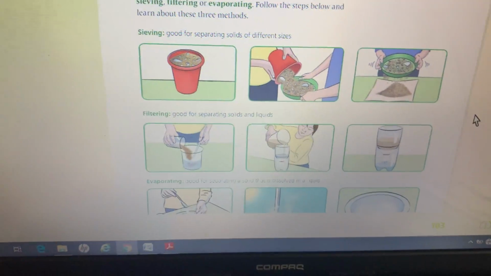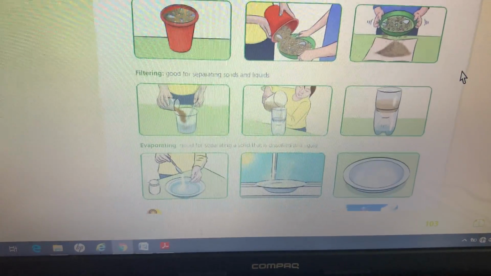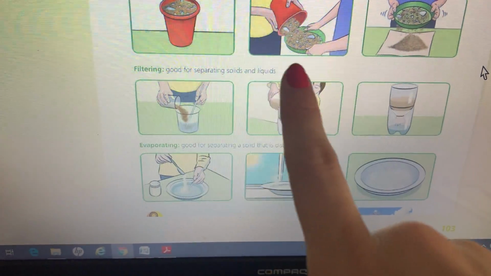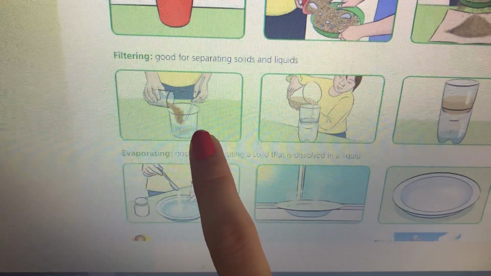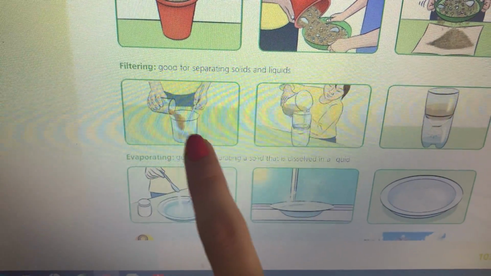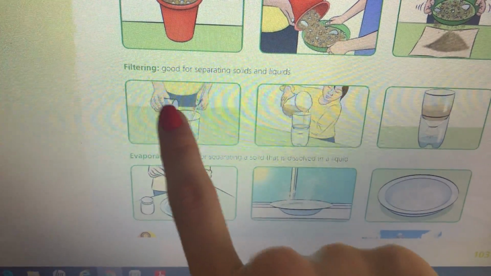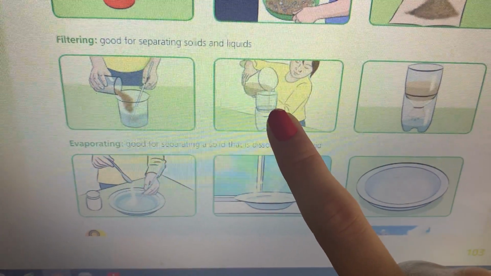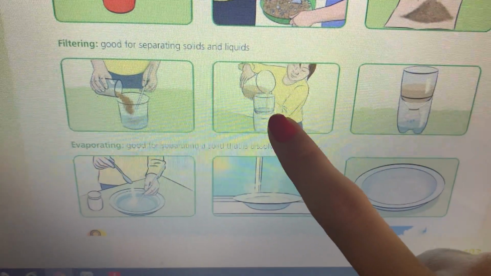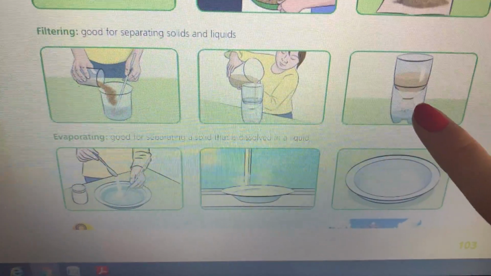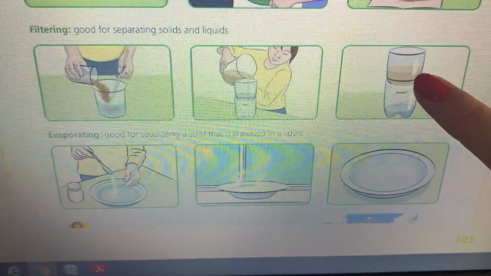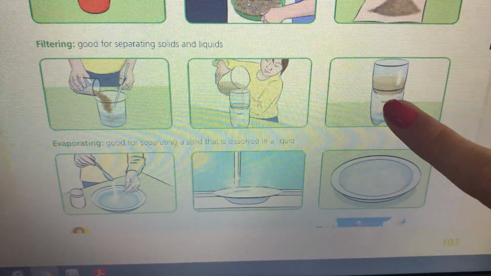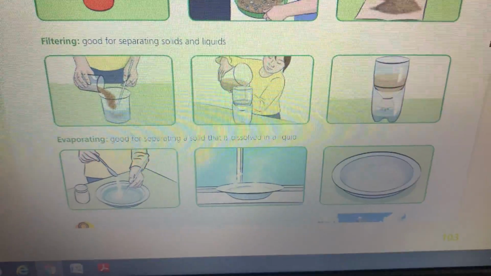Let's see the second, filtering. Filtering, it says, is good for separating solids and liquids. Look, for instance, here you have water and you're putting something like soil. Then you put the mixture through a filter, and it's going to separate the water in one place, and the soil is not going to go through the filter, only liquid.